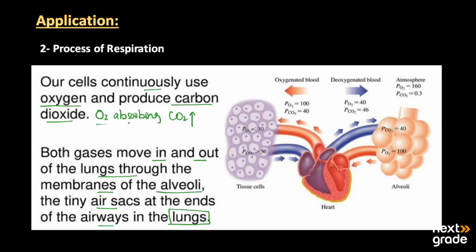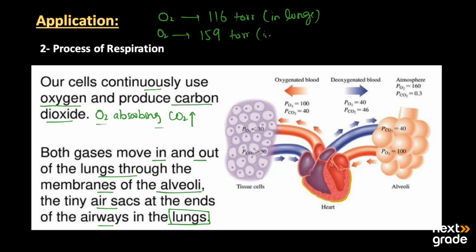How do these gases move in and out? The partial pressure of oxygen gas in our lungs is 116 torr, and its partial pressure in the atmosphere is 159 torr.